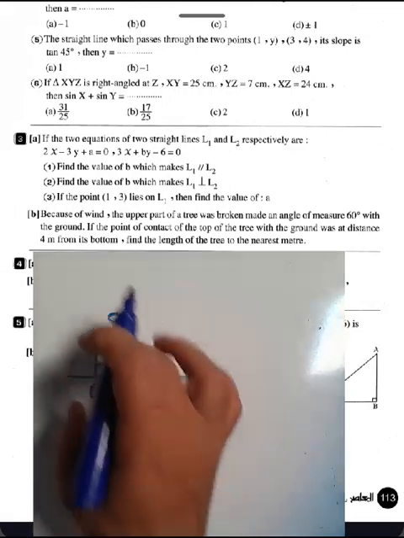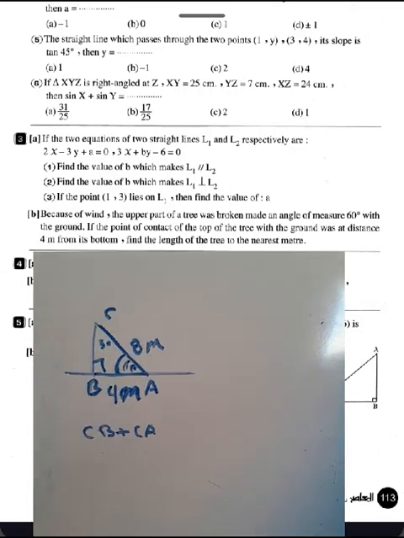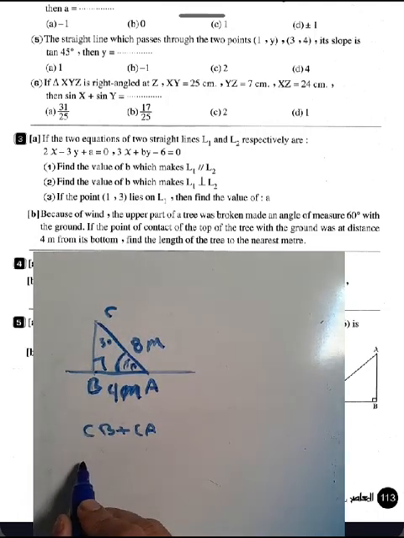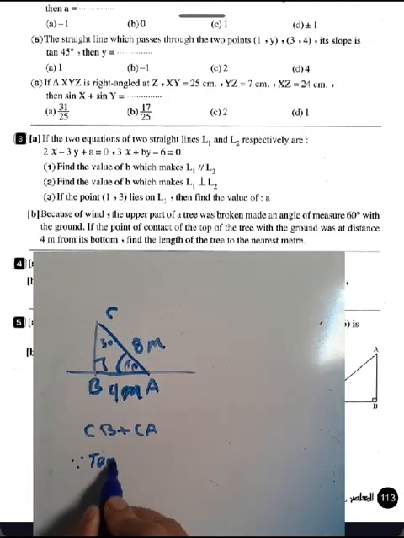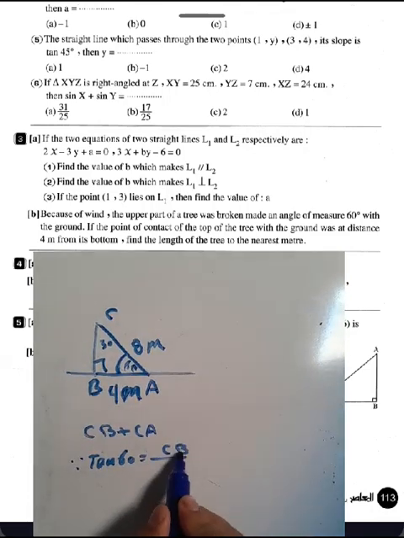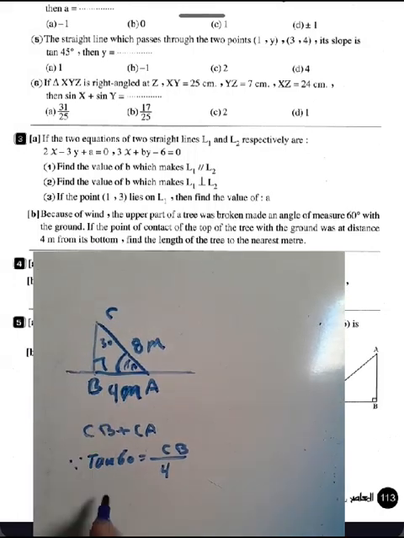You can find CB here by using Pythagoras, or by using the ratio such that tan 60 equals CB over 4, opposite over adjacent.